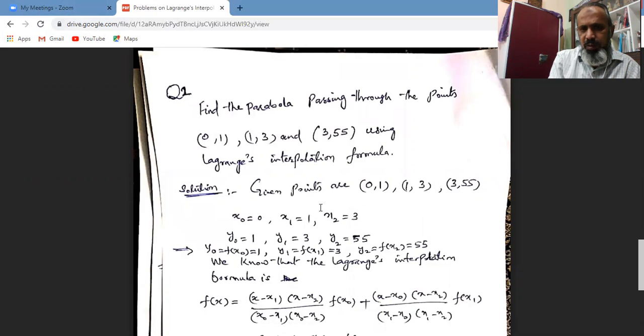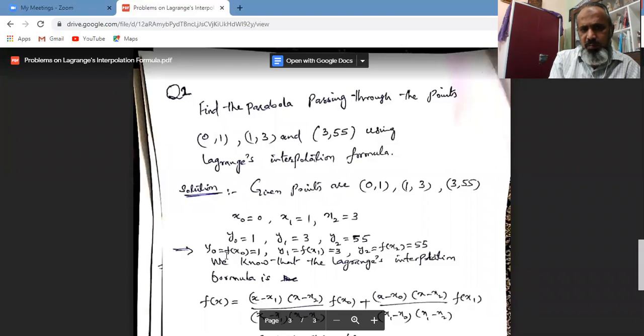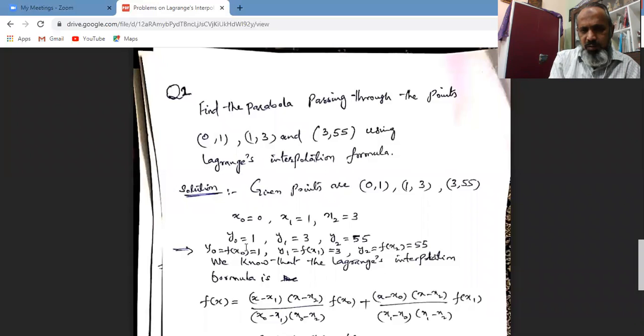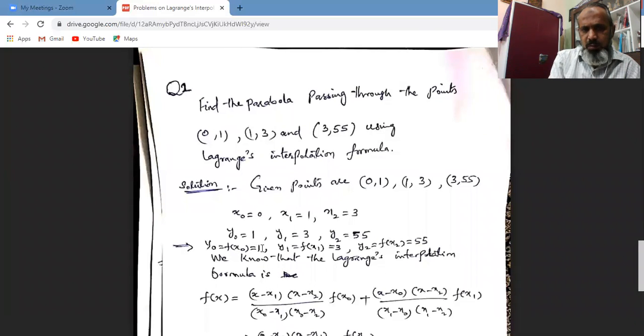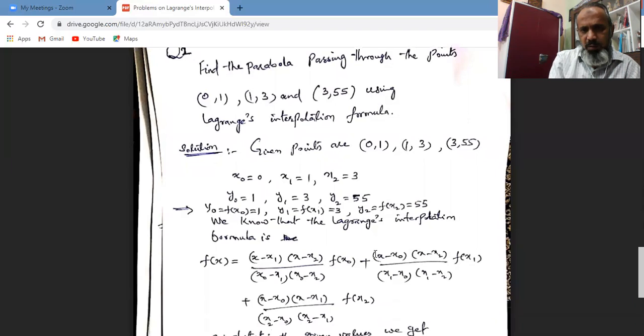The corresponding values: y0 is 1, y1 is 3 and y2 is 55. So y0 is f of x0, which is 1. y1 is f of x1, f of 1 is 3. So y2 is equal to f of x2, and f of x2 is 55. So these are the values given.